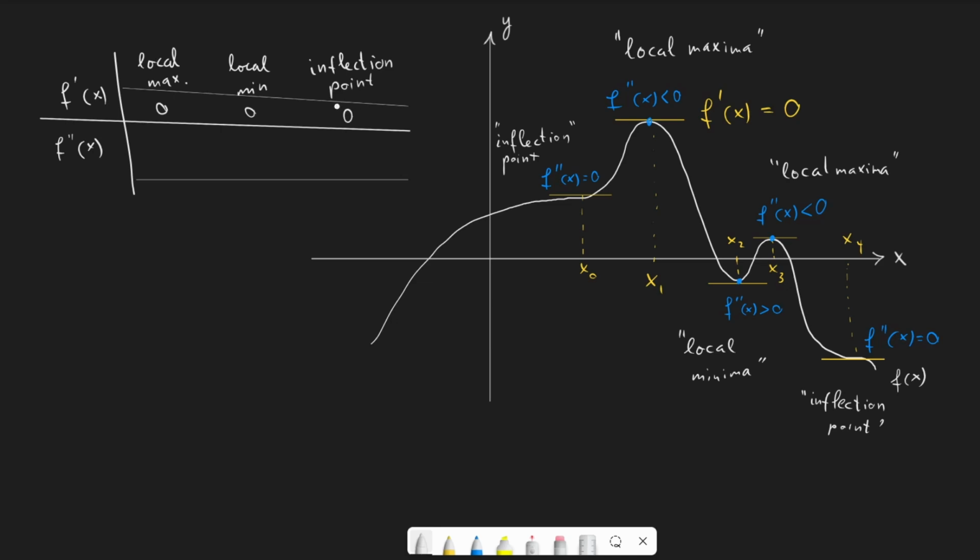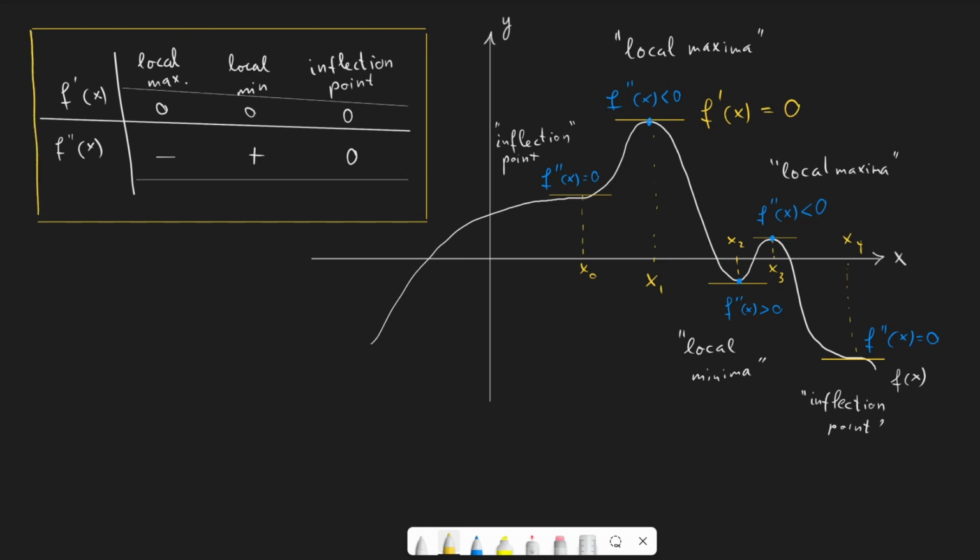At the inflection point we had 0, at the local minima the second derivative was positive, so let me write here a plus sign, and at the local maxima the second derivative was negative. This is basically the most important rule that you have to remember, and this will be enough for our purposes when we solve math or physics problems, mostly with one single variable.